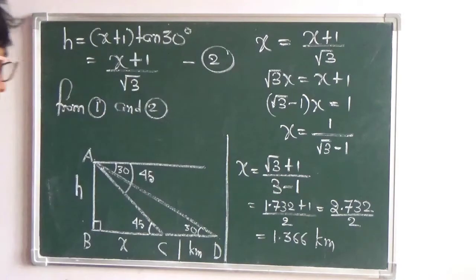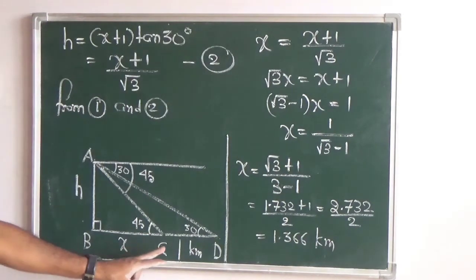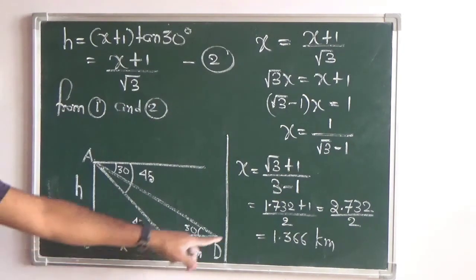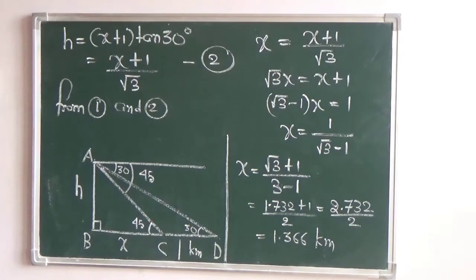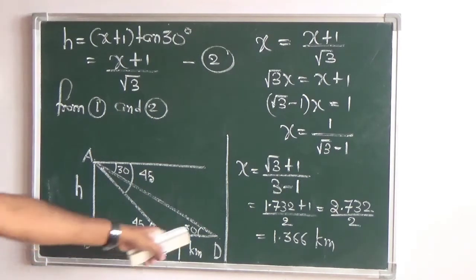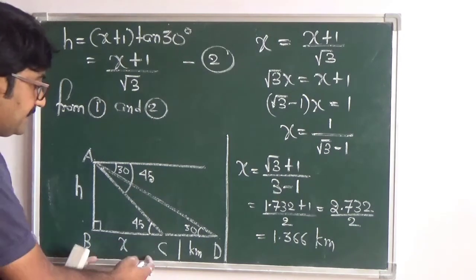So the distance of the stone at C is 1.366 kilometers. Okay, so what is the distance of D? That is 1.366 plus 1.